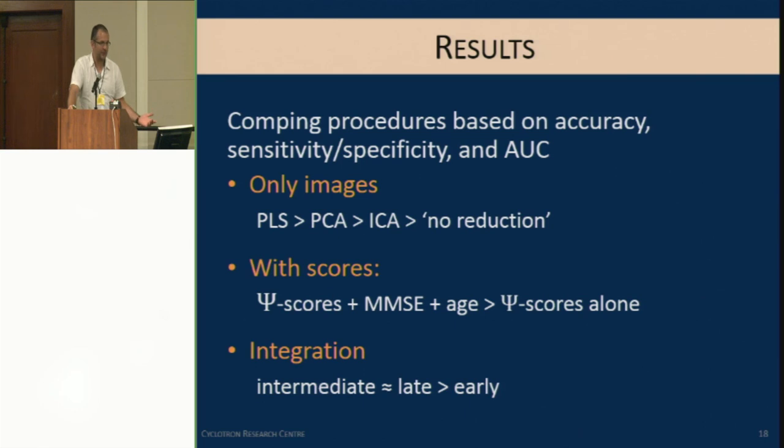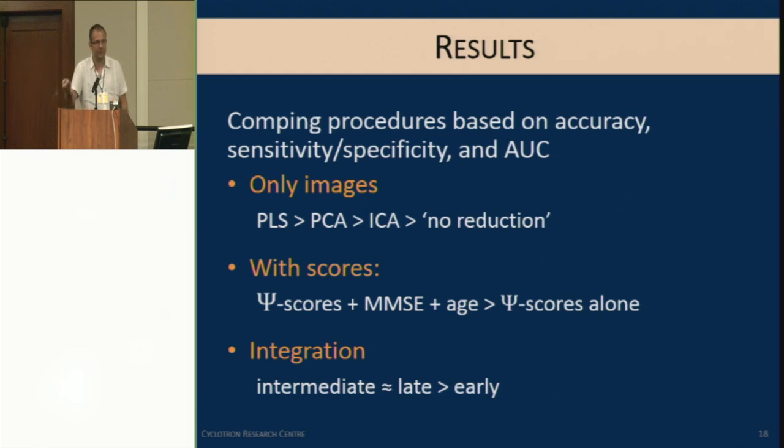And as could be expected, the more information you put in, the better the prediction, especially age, because all the subjects that were in AD were on average slightly older, so age was clearly a feature. So pretty much in advance, you know that if the person is older, you can expect that he's turning AD.